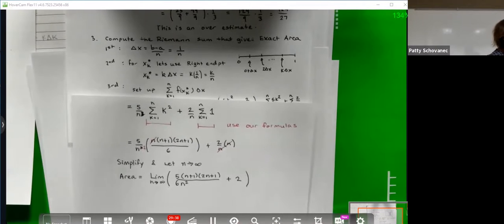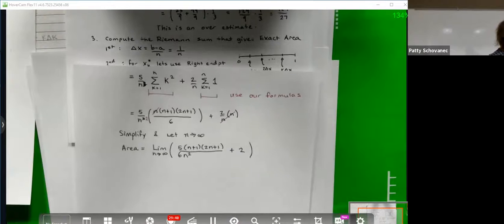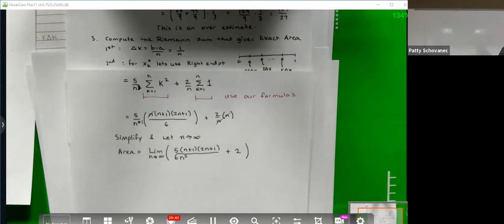You can actually do the arithmetic to compute that limit, do the algebra, or you kind of eyeball it. Remember when n goes to infinity and you've got an expression where the degree on top is the same as the degree on the bottom, the value of this limit is the ratio of the coefficients. So all we have to pay attention to is the coefficients of the n squared.